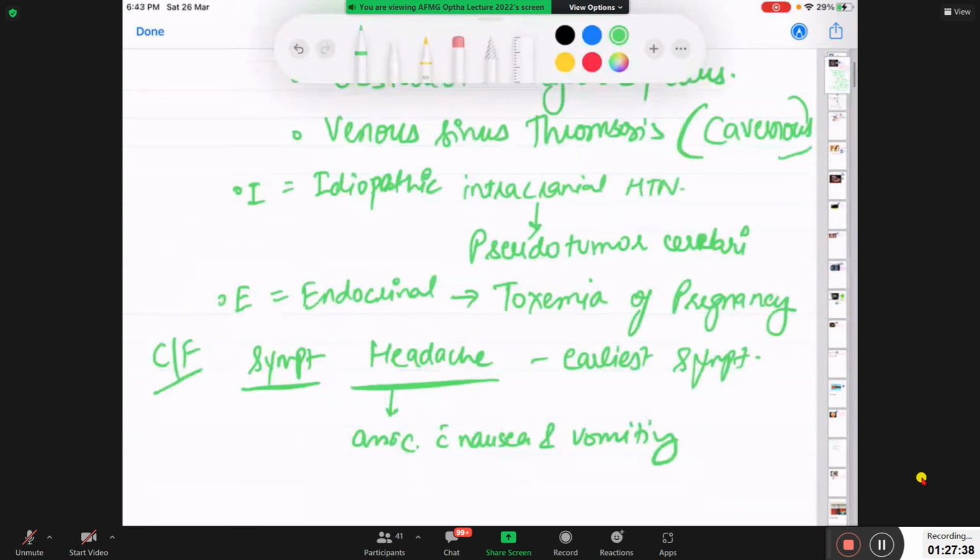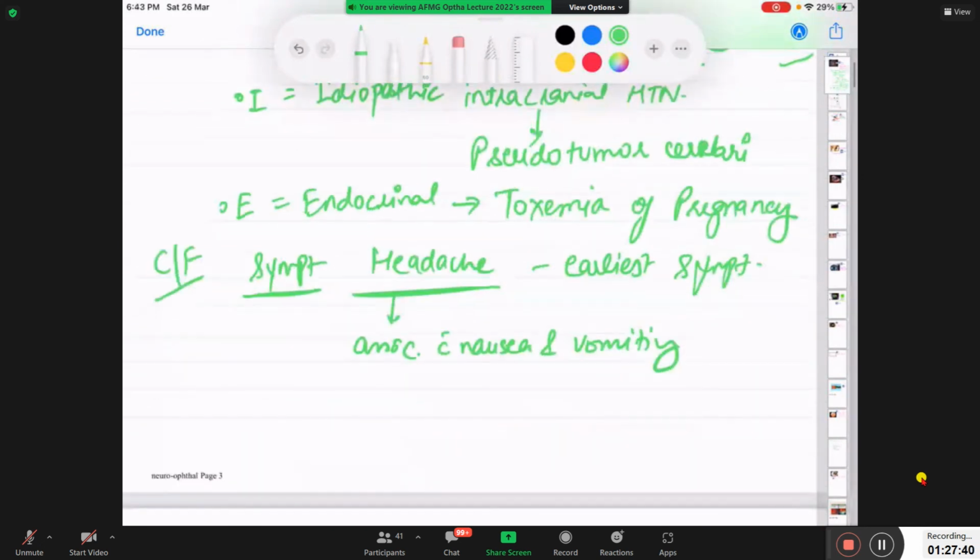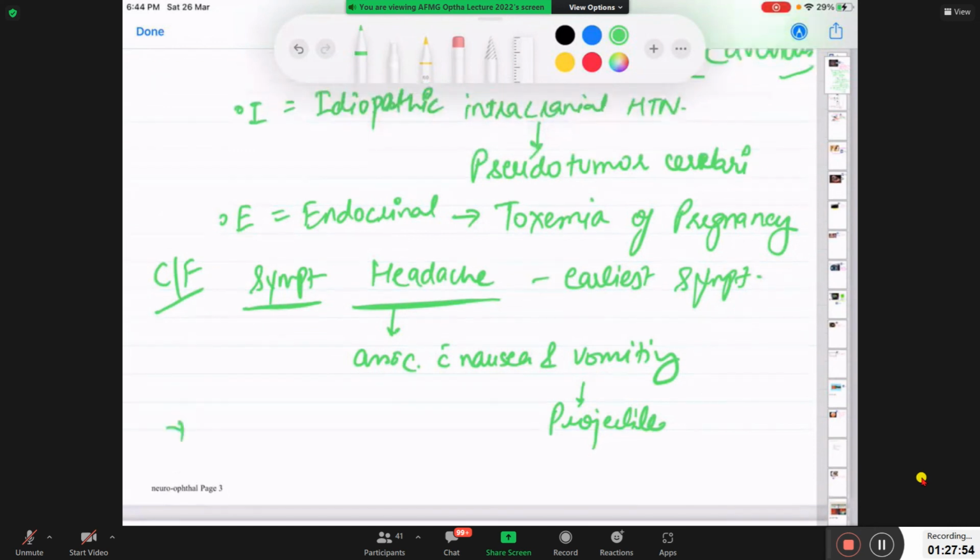And the characteristic of this vomiting is that it is projectile vomiting. Now, next clinical feature is that the patient has normal vision.